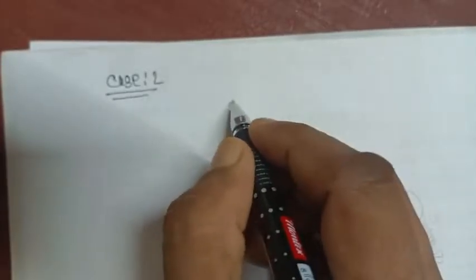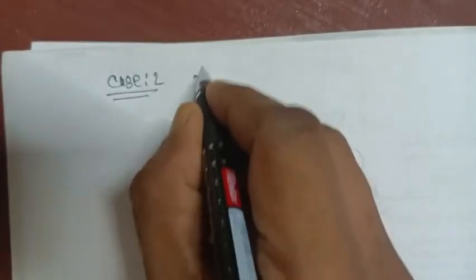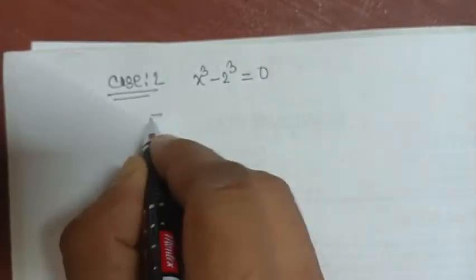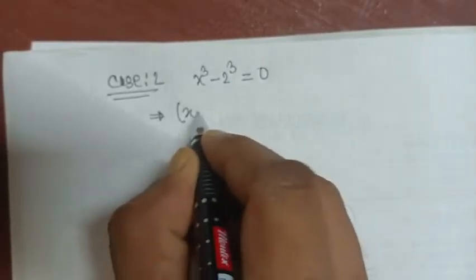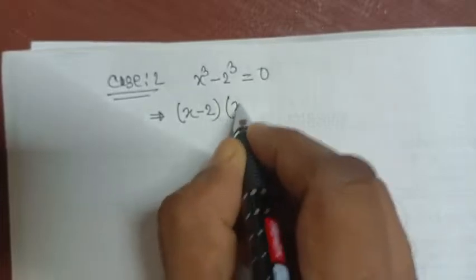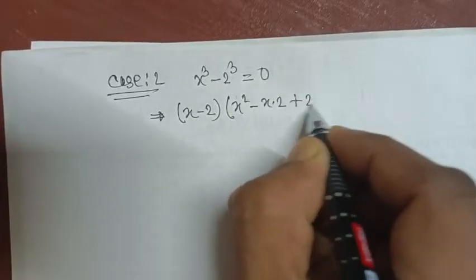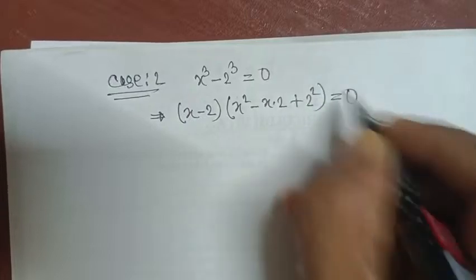Now we have done case 1; for case 2, x cube minus 2 cube is equal to 0. Therefore x minus 2 into x square plus x into 2 plus 2 square equals to 0.